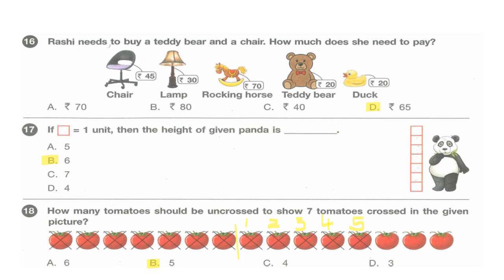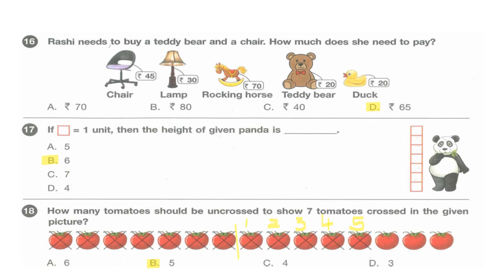So here the question clearly says how many tomatoes should be uncrossed to show 7 tomatoes crossed in the given picture. So first let's see: 1, 2, 3, 4, 5, 6, 7. So till the mark it's 7 tomatoes crossed. So, how many tomatoes should be uncrossed?